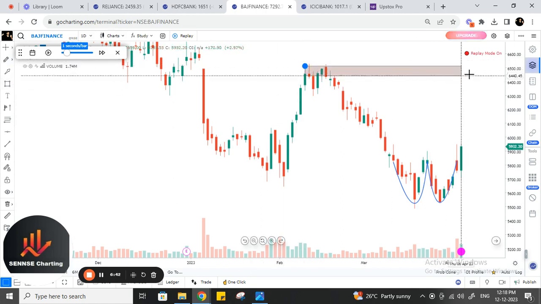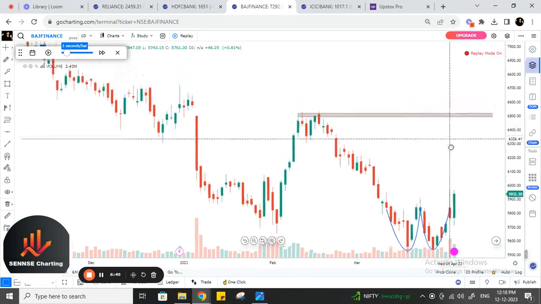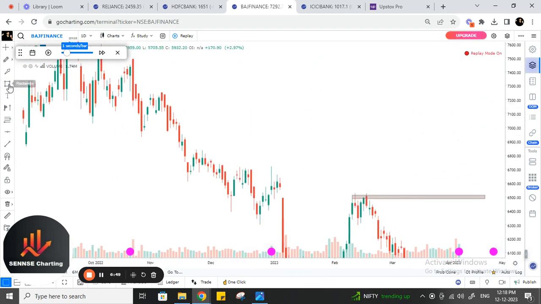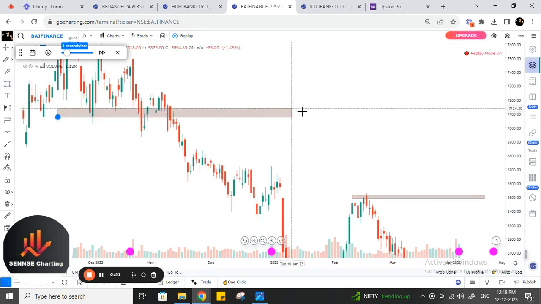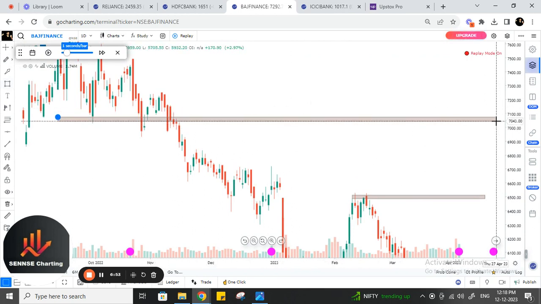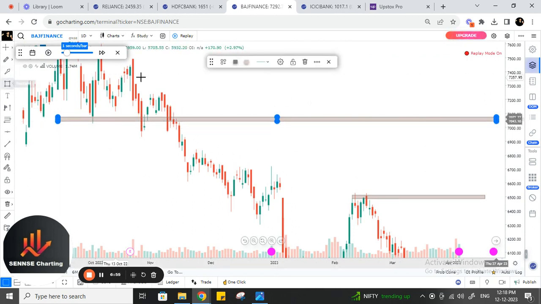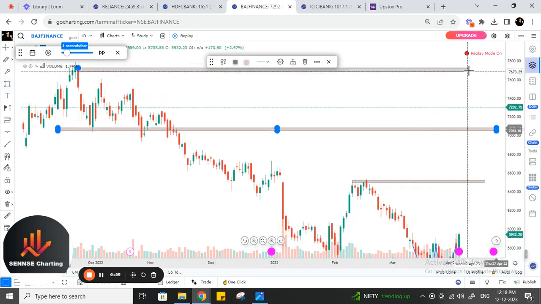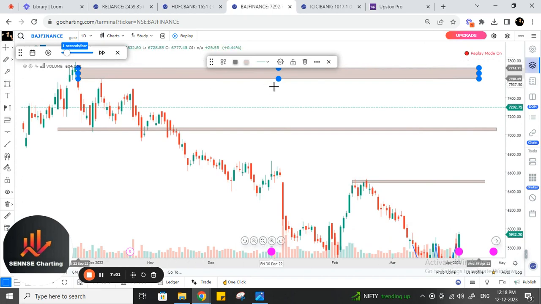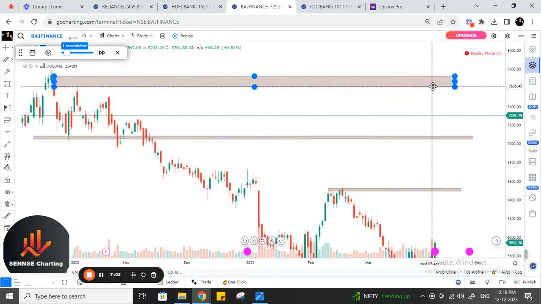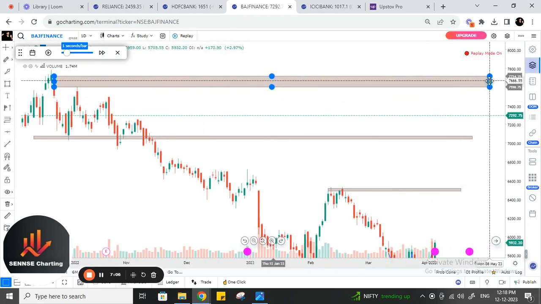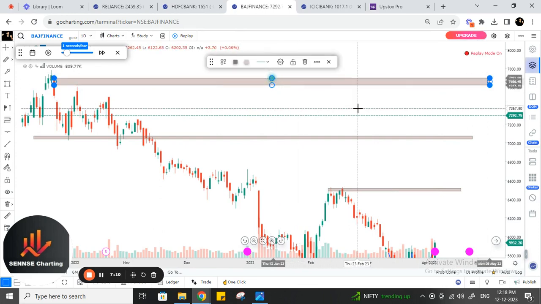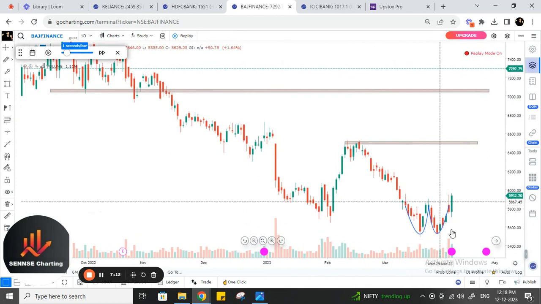Also my first target is this one, and my next target is here, where I can see the market started coming down, and then again from this particular value the market started falling. So these are my targets. Let's see if the market tries to achieve these targets using this double bottom pattern.